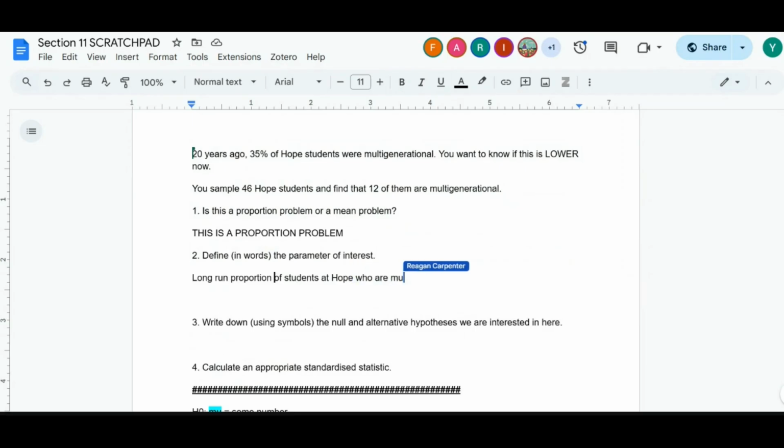Who are multi-generational. That's right, perfect. And what's the symbol we use for a long run proportion? It's on the board. Every time you see long run proportion, the symbol is pi. Why? Because is this known? Do we know the long run proportion of Hope students that are multi-generational? No, no one knows. It's a number, but no one knows.